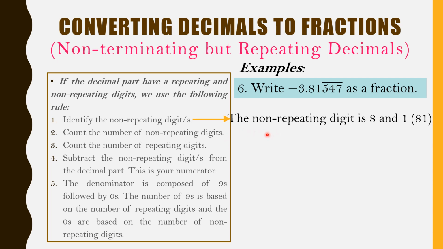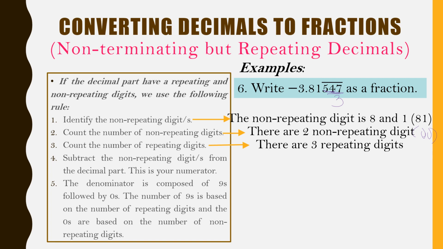How many? We have 2. It means that we will have 2 zeros in our denominator. And then number 3, count the number of repeating digits. We have 1, 2, and 3. So there are 3 repeating digits. It means that we will have 3 nines in our denominator. So 9, 9, and 9.